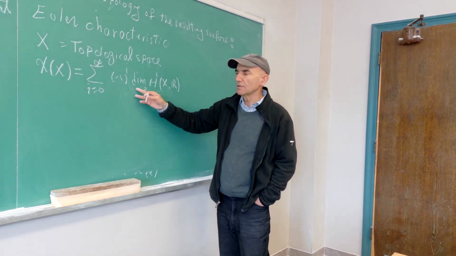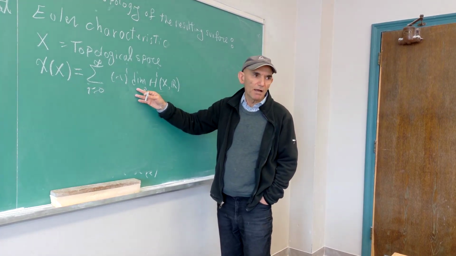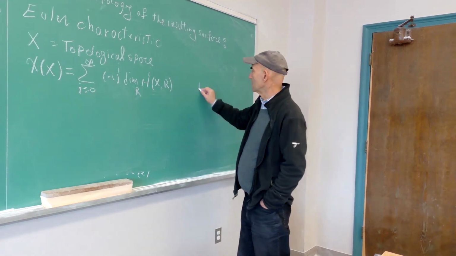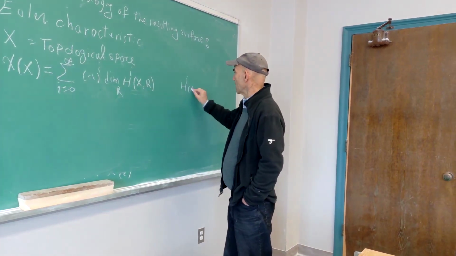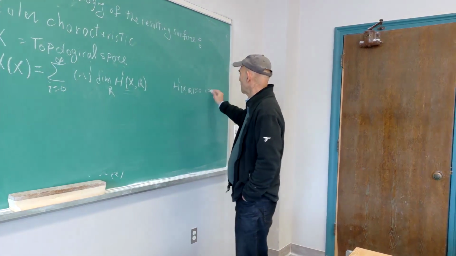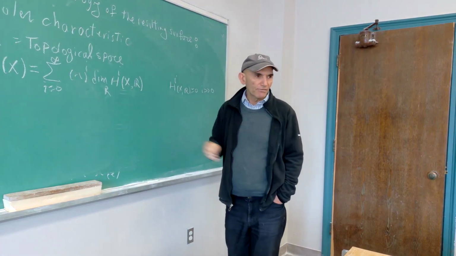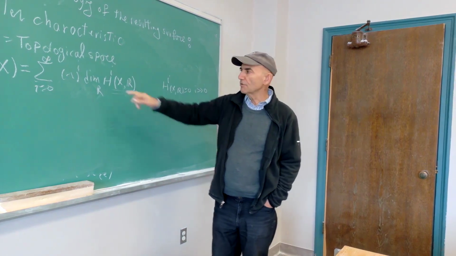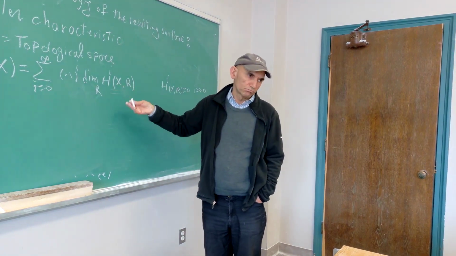I mean, obviously, for this to make sense, we must have H^i(X, R) equal to 0 for i large enough, and each of them should be finite dimensional.